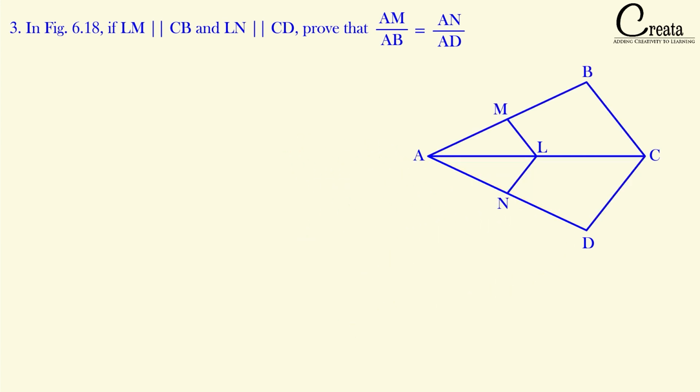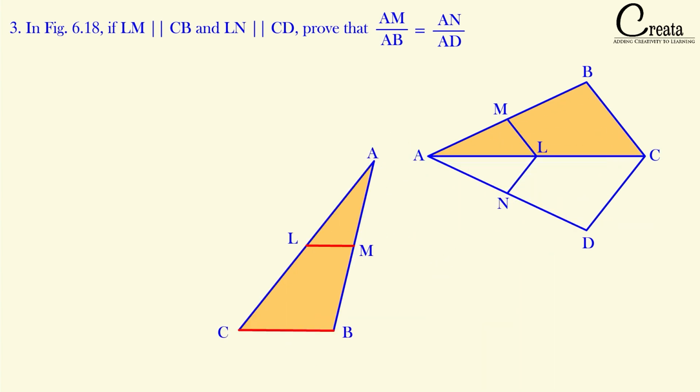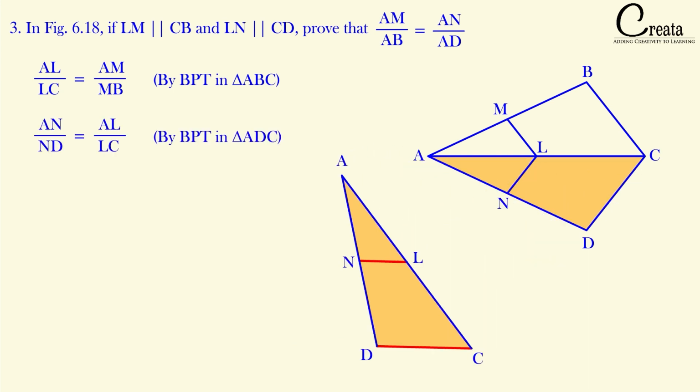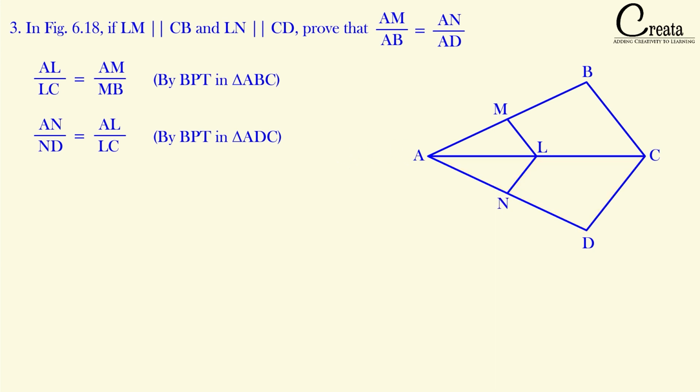Let's see. Firstly, let's take the triangle ABC. In this triangle, we can apply the BPT. We got AL upon LC is equal to AM upon MB. Similarly, if we apply the BPT in the triangle ACD, we got AN upon ND is equal to AL upon LC. So we got two equations and both of the triangles share the common side AC.